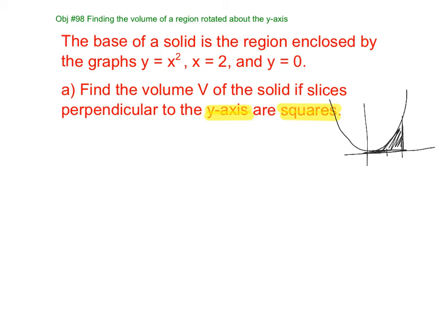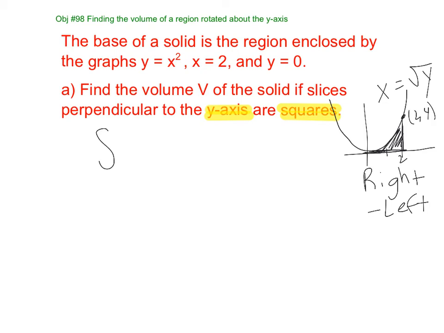So we're doing this in terms of y, or in terms of x, since it's y-axis. So x equals the square root of y. So that means we're going to do right minus left when we do these. This point is 2, so it's going to be 2 comma 4. So my y's are going from 0 to 4.